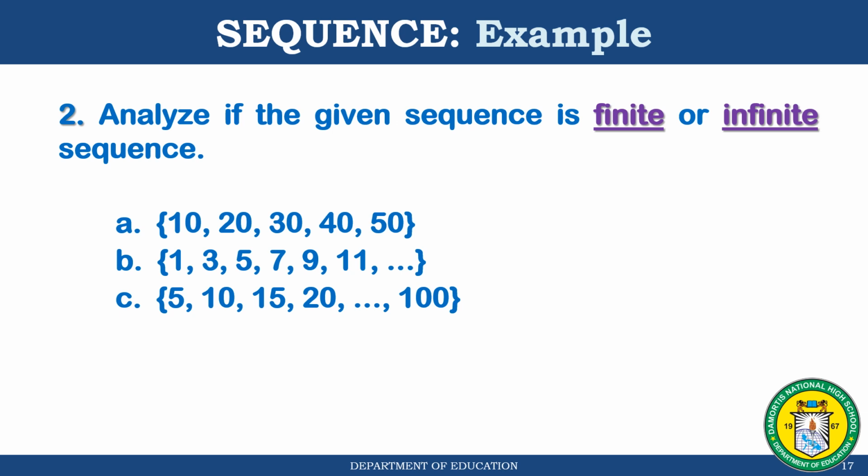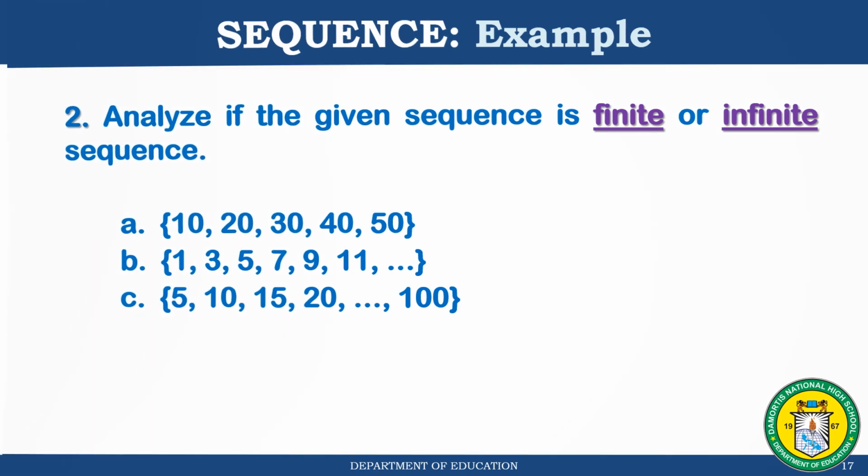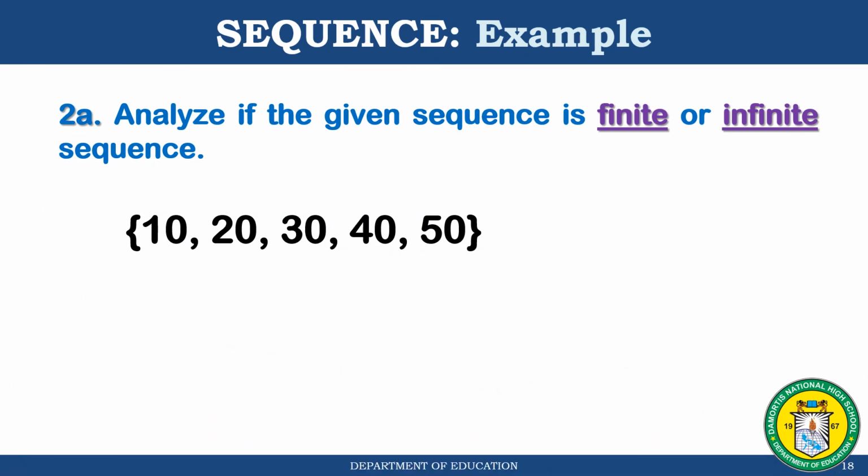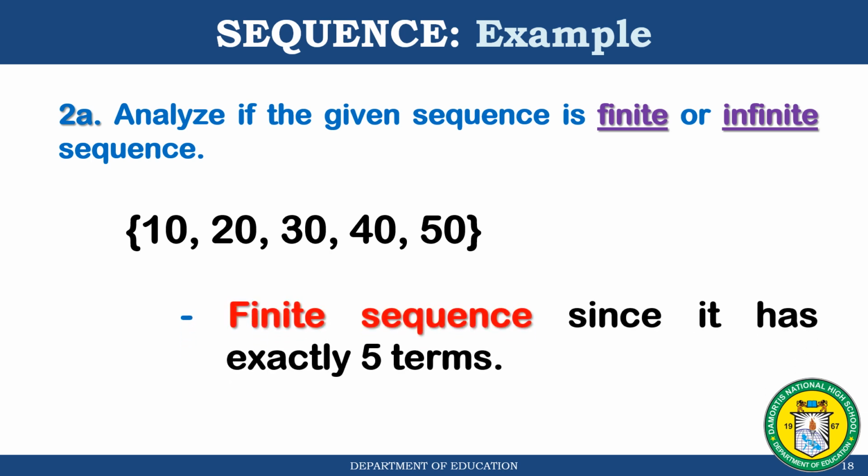Example number 2. Analyze if the given sequence is a finite or infinite sequence. Let's have letter A. What do you think is the answer? Is it a finite or infinite sequence? Correct.